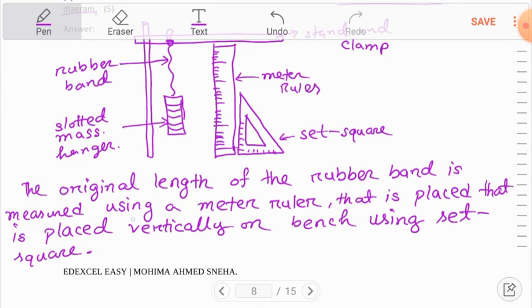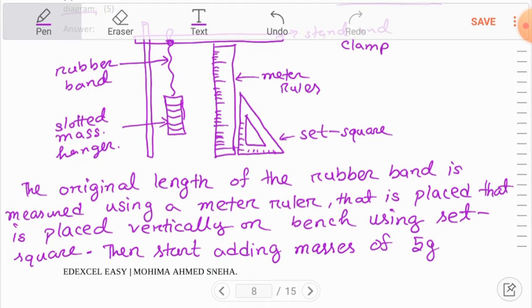And then we need to start adding the masses onto the slotted mass hanger. So we will write: then start adding masses of 5 gram onto the slotted mass hanger.